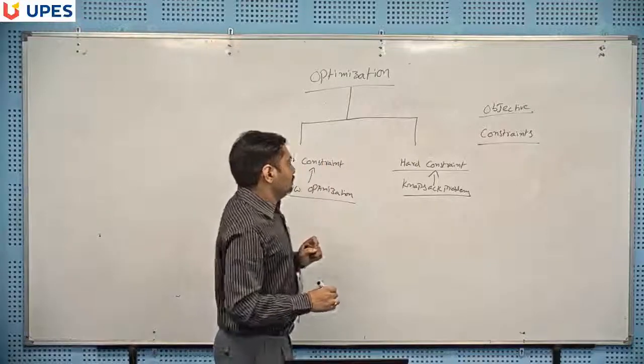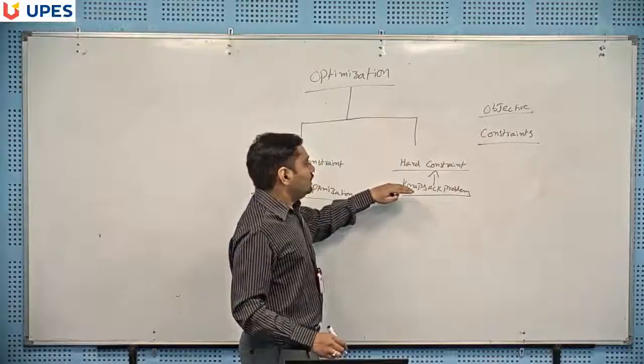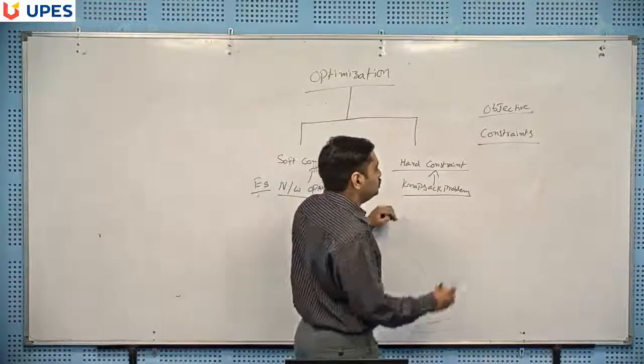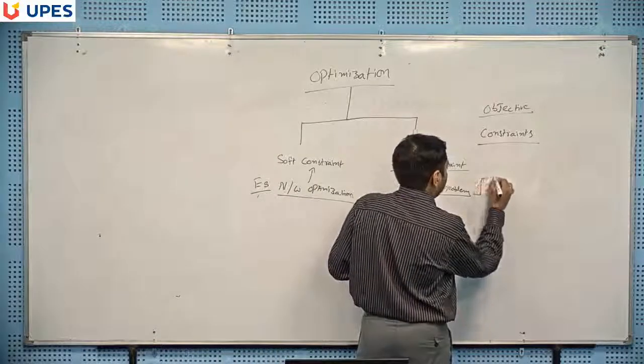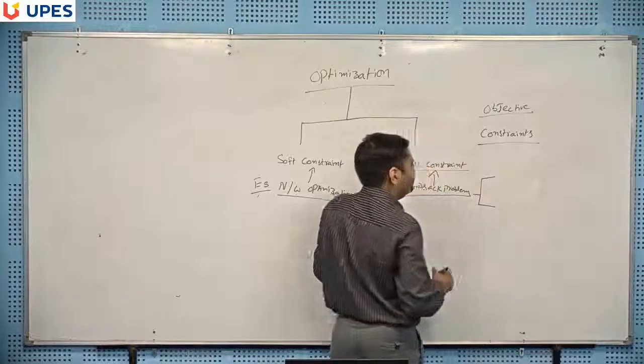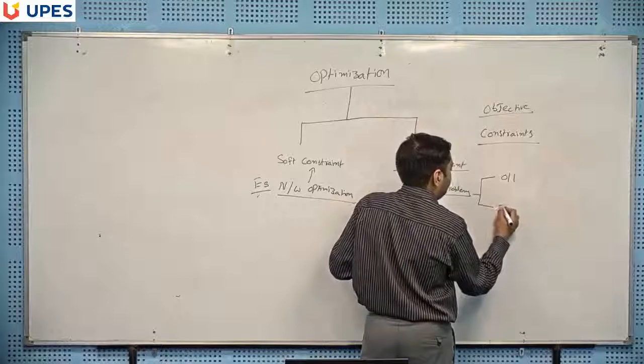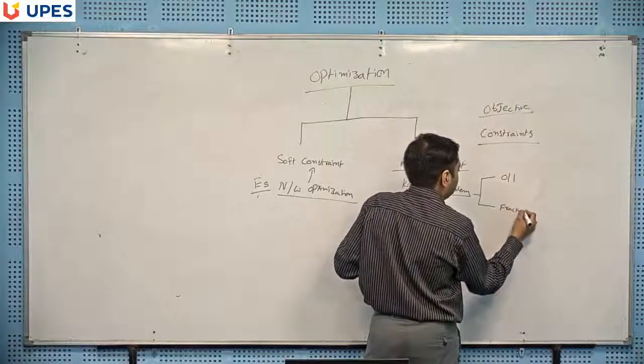We have solved the knapsack problem in our previous courses. By using two classes of algorithms, we have two types of knapsack problem. One is binary knapsack, the other one is fractional knapsack.